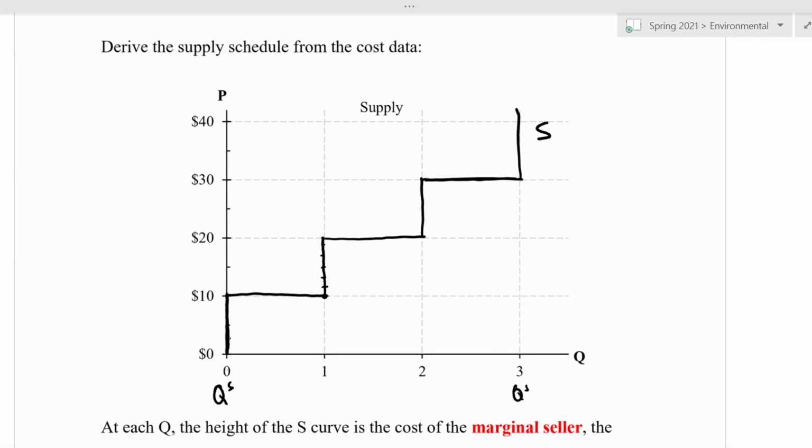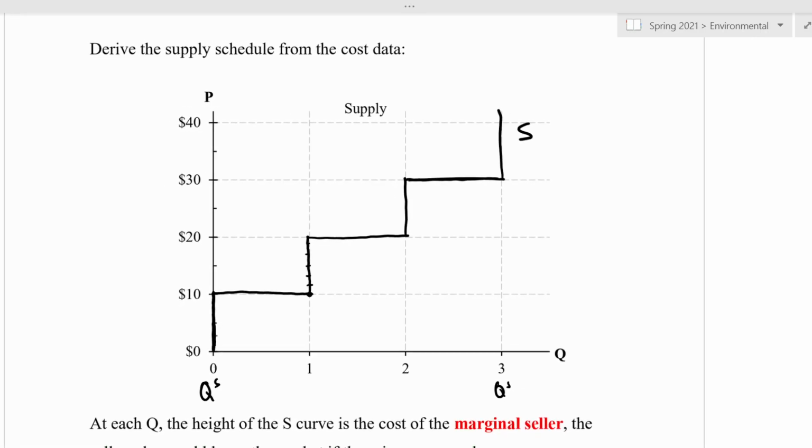And again, just as we had with the demand curve and willingness to buy, with the supply curve, we have each marginal seller. So at a price of 10, Jack is willing to sell, and so he is the marginal seller at a price of 10.